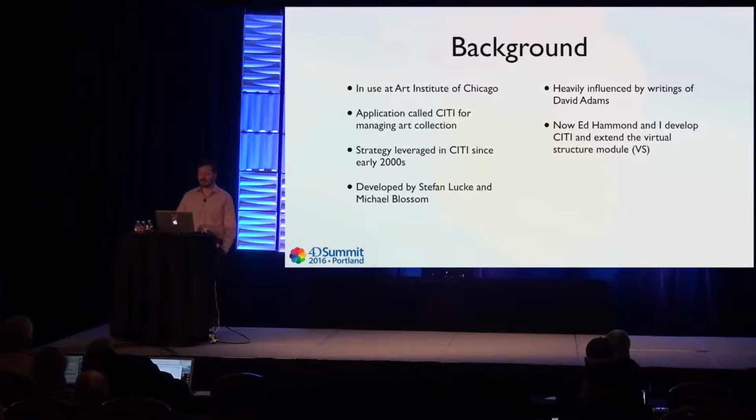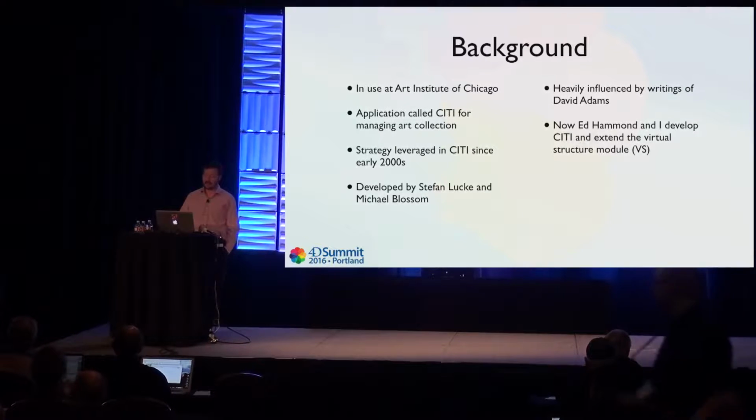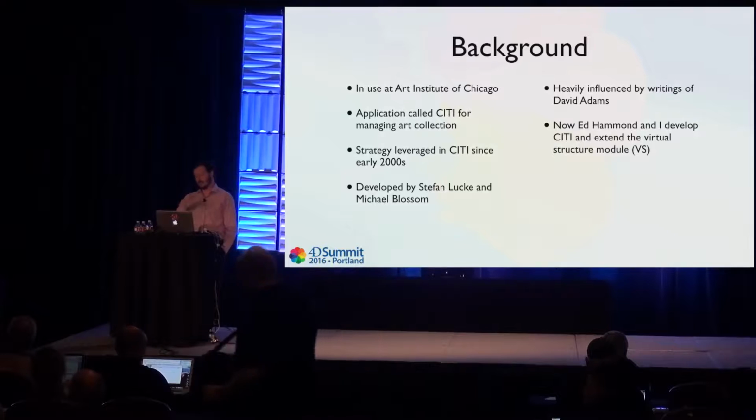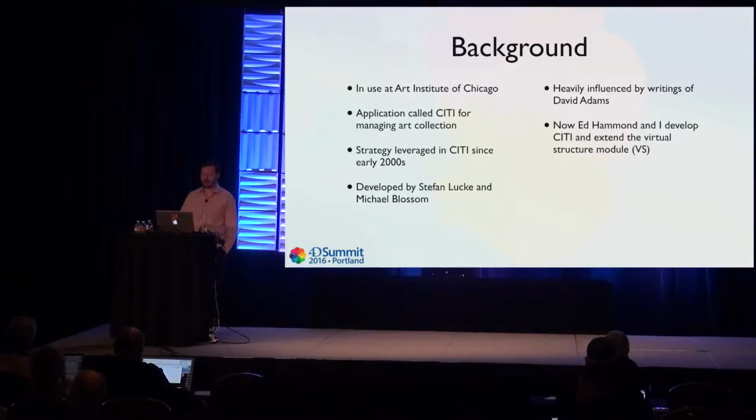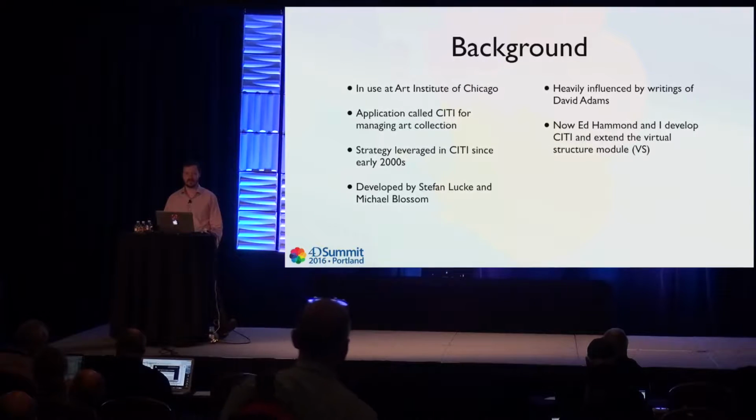As I mentioned, this strategy has been in use at the Art Institute of Chicago with our application CITY, just an acronym, along with all the other acronyms out there. It's been in use since the early 2000s. I didn't make this, it wasn't my idea, but I think it's pretty cool. It was developed originally by Stefan Luque and Michael Blossom, some of you might know them.